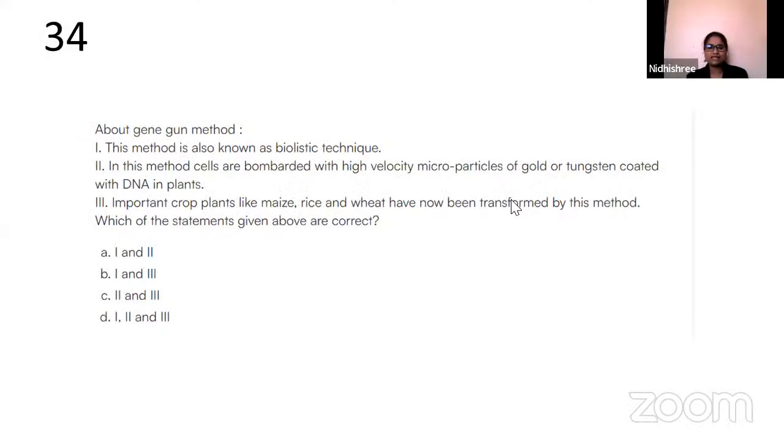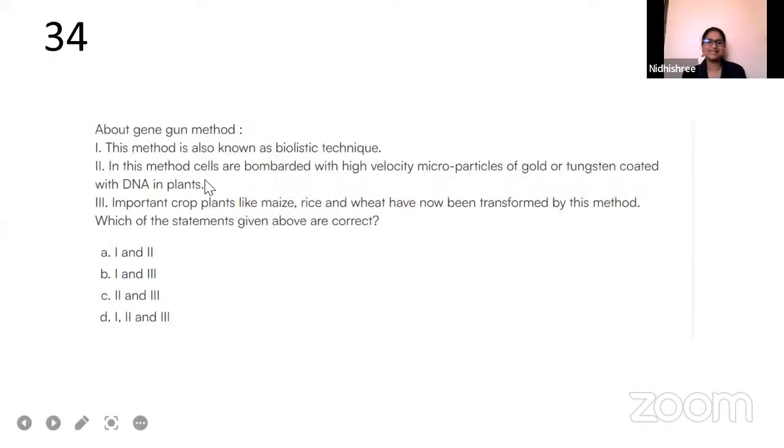Okay, most of you answered option A. Some of them voted for option B. Fine. Okay, Kanchana Raj, you have a doubt between A and B. First and second, first and third. Okay. About the gene gun method. Let us see. Most of the answers are option A. Okay, fine.